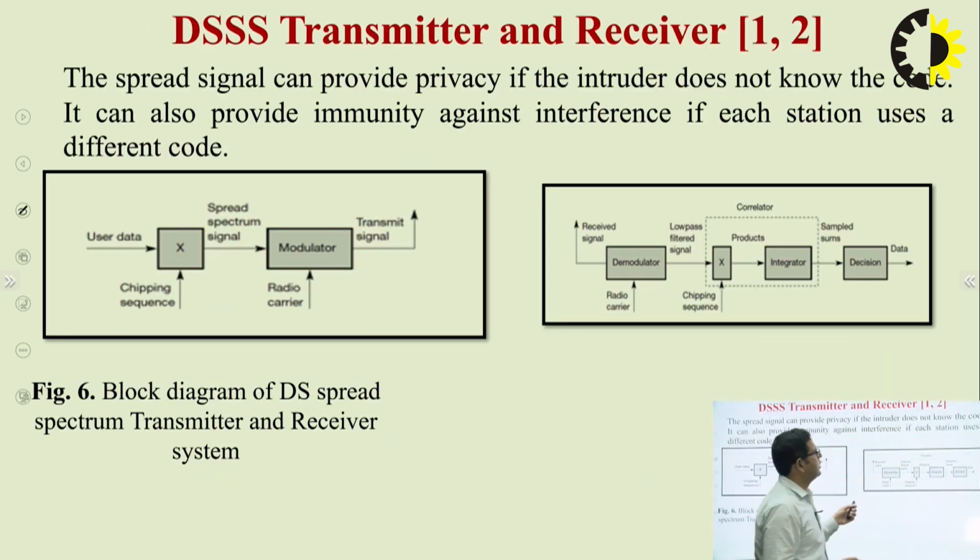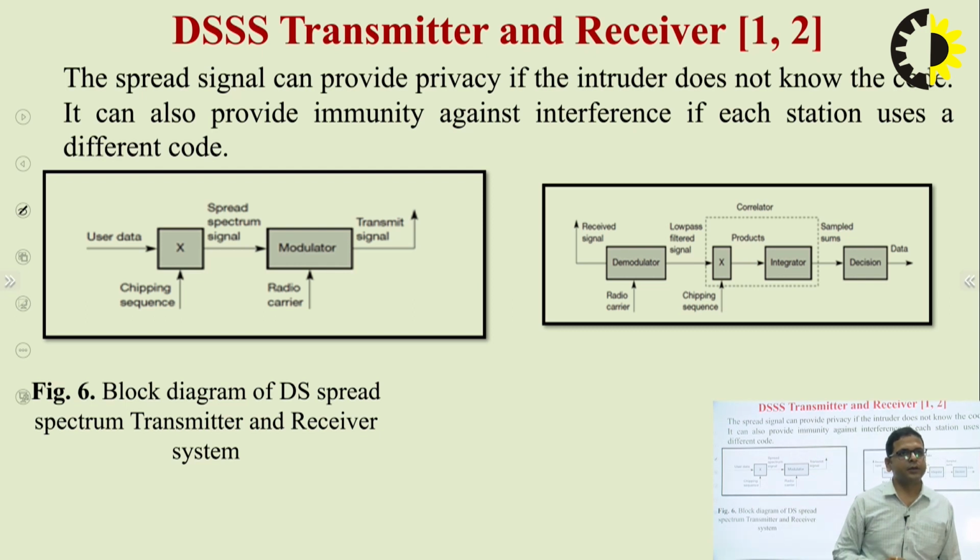In this, I have shown the transmitter and receiver for direct sequence spread spectrum. This system is used for long distance transmission. So, we have also used a radio carrier which is modulated using the spread spectrum signal, and after modulation we transmit this radio signal over longer distances.